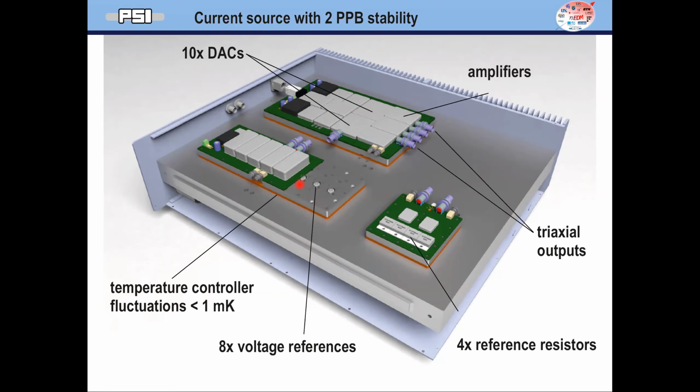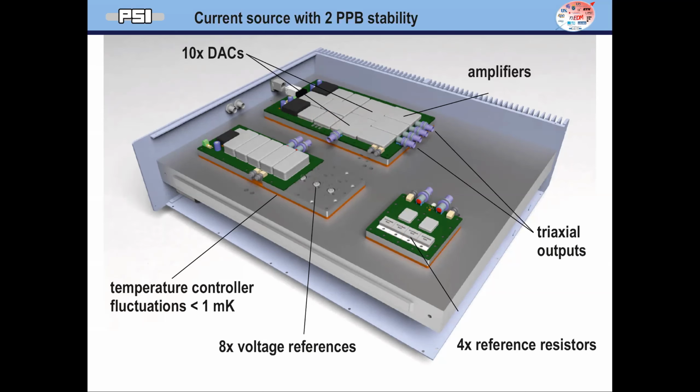And each component in the boards is contained in a small house so that there can be no air going over it, and that it's also isolated from electromagnetic interference. So this board here is just to make a stable reference voltage. This board here detects the current, and you see it's also several reference resistors. And then this board is the main amplifier.